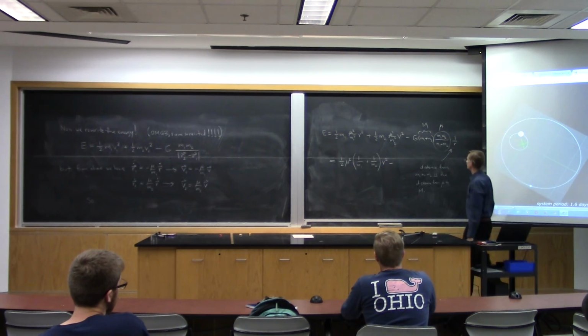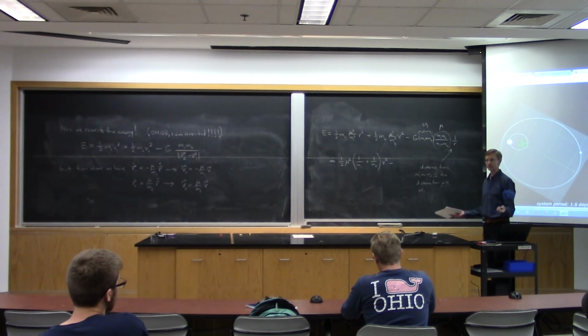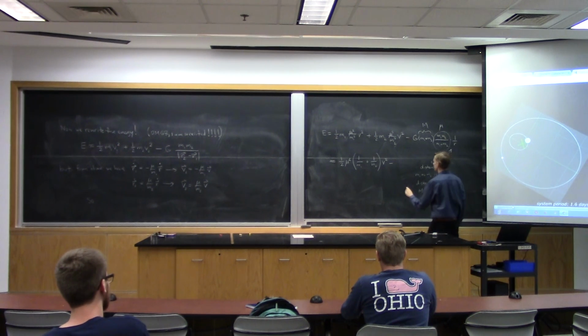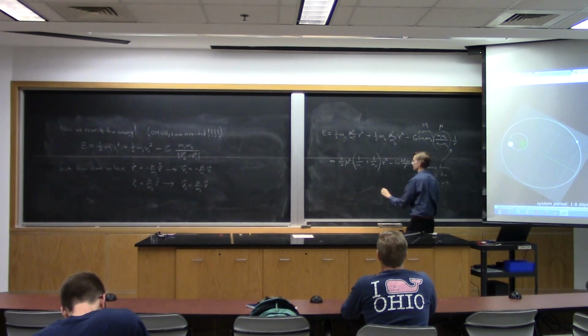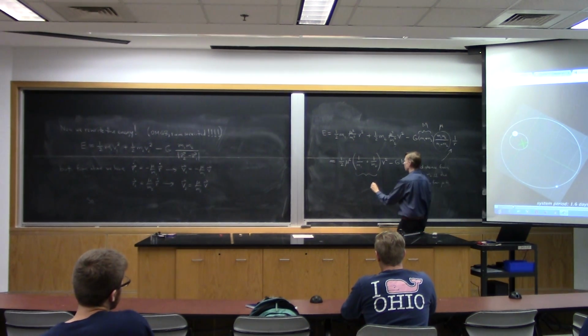So notice that's G mu M over R, which is exactly what you would get for the gravitational potential energy between masses big M and mu. So we get minus G M mu over R. And the other thing to realize is that 1 over M1 plus 1 over M2 is in fact 1 divided by mu.